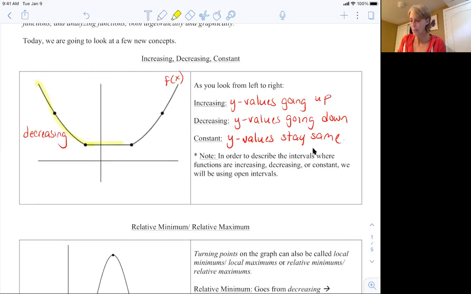This middle piece here, where the y values are staying the same, is constant. And this piece here, we would describe as increasing.